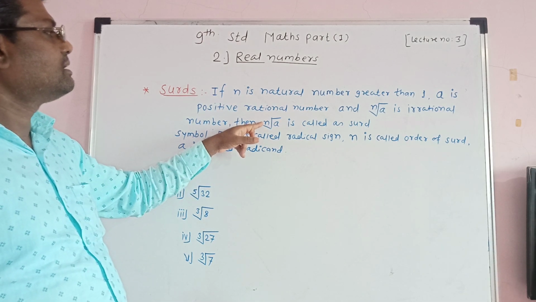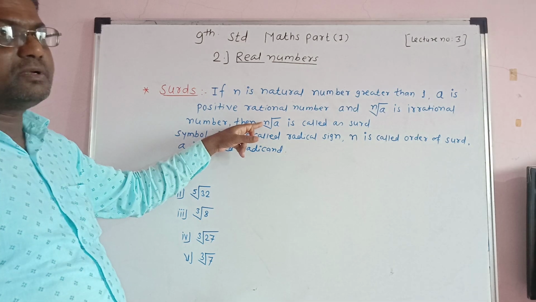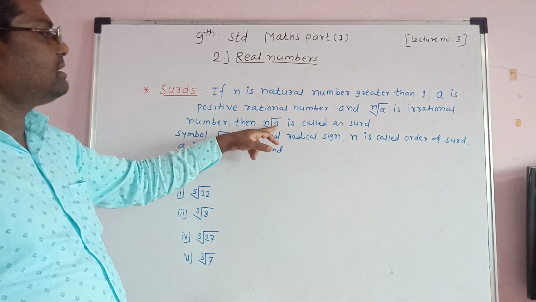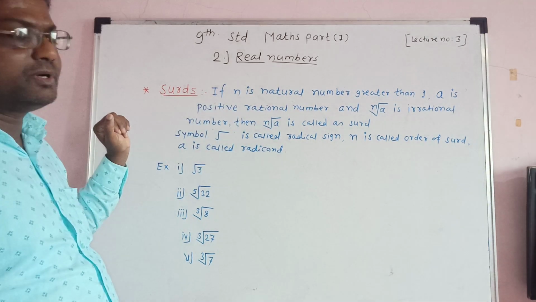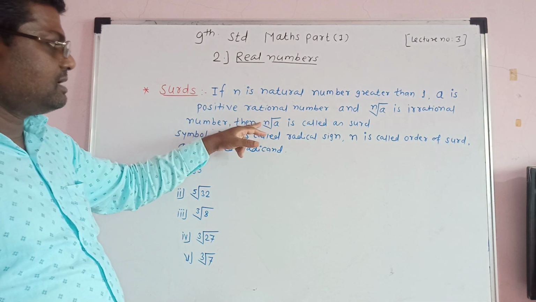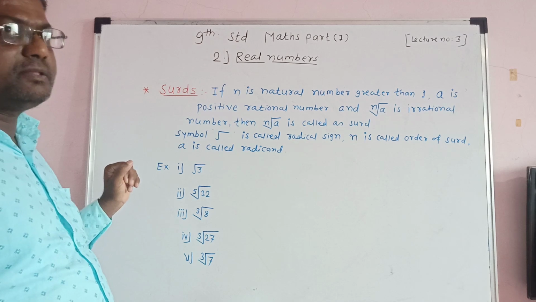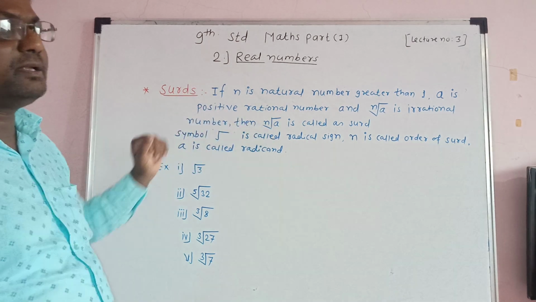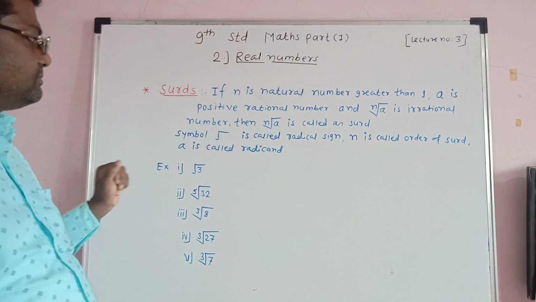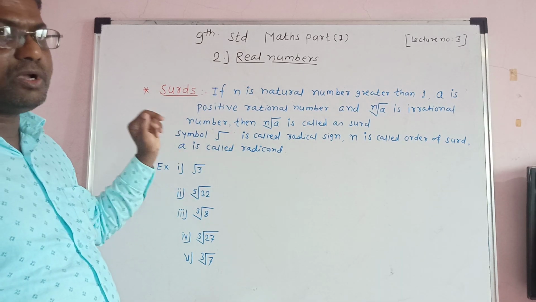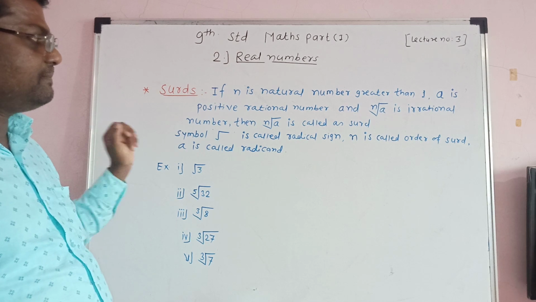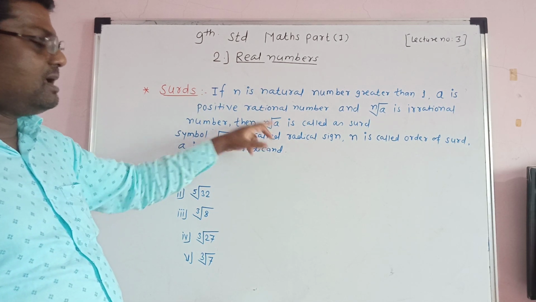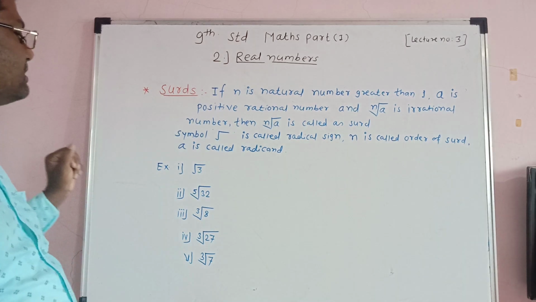Here n is a natural number greater than 1, a is a positive rational number, and the nth root of a is an irrational number. This sign is called the radical sign, n is called the order of the surd, and a is called the radical.